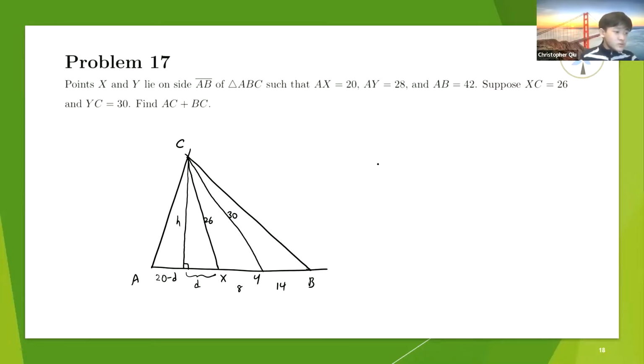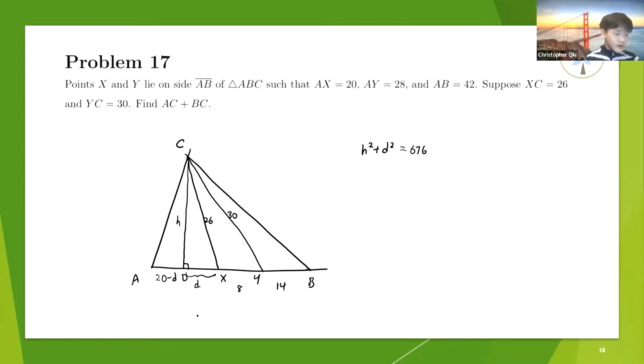And so we know CX and CY, so we can create some Pythagorean equations with these numbers. So for instance, let's call the foot D. In right triangle CDX, applying the Pythagorean theorem gives us that h squared plus d squared is equal to 26 squared.